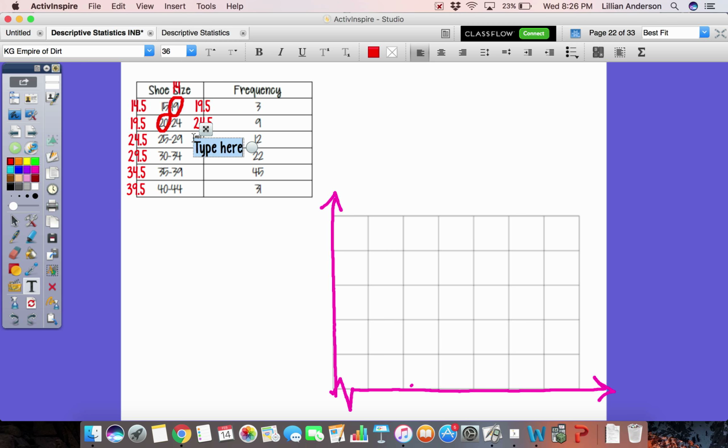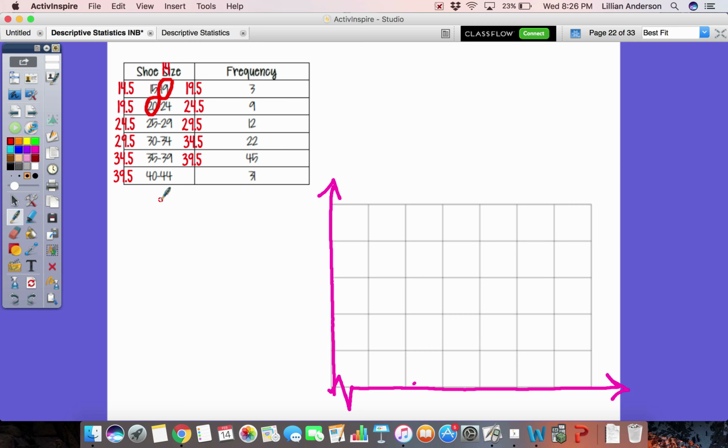Okay, and so repeating this process, the next one is going to be 29.5. Again, it's the halfway point between 29 and 30. The next one is going to be 34.5. The one after that is going to be 39.5. And then the one after that, if you recall, we take the upper bound of the fourth class and then the lower bound of the next class if there was to be one, okay?